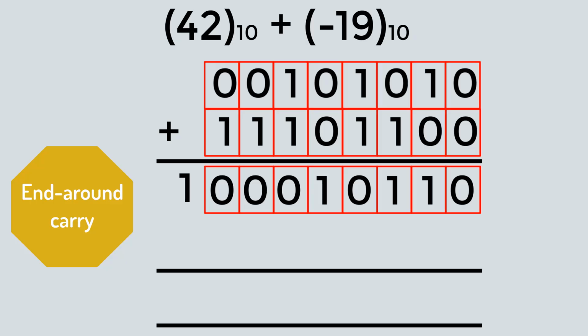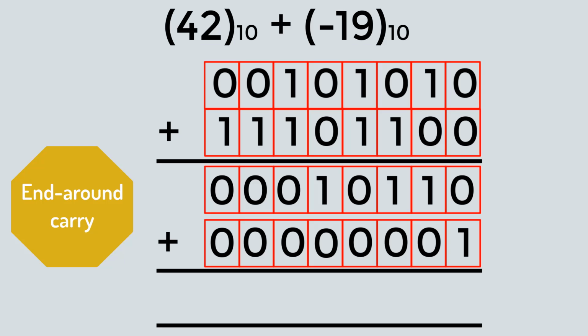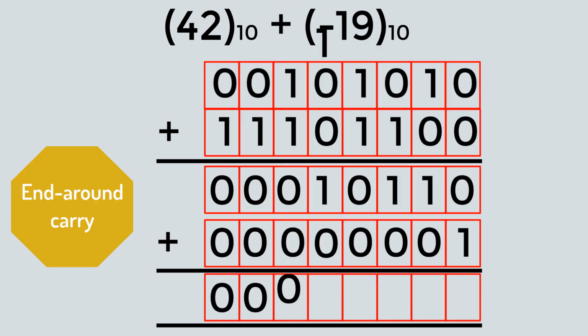Remove the carry from the left, leaving 0, 0, 0, 1, 0, 1, 1, 0. Then add the carry to the result. 0, 0, 0, 1, 0, 1, 1, 0 plus 0, 0, 0, 0, 0, 0, 0, 1, which becomes 0, 0, 0, 1, 0, 1, 1, 1. So the result is 0, 0, 0, 1, 0, 1, 1, 1, which represents 23.